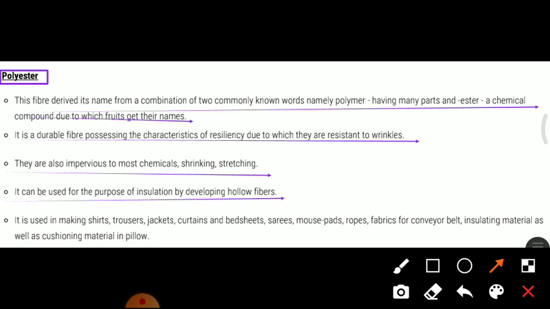It can be used for insulation by developing hollow fibers. It is used in making shirts, trousers, jackets, curtains and bed sheets, saris, mouse pads, ropes, fabrics for conveyor belts, insulating material as well as cushioning material in pillows.